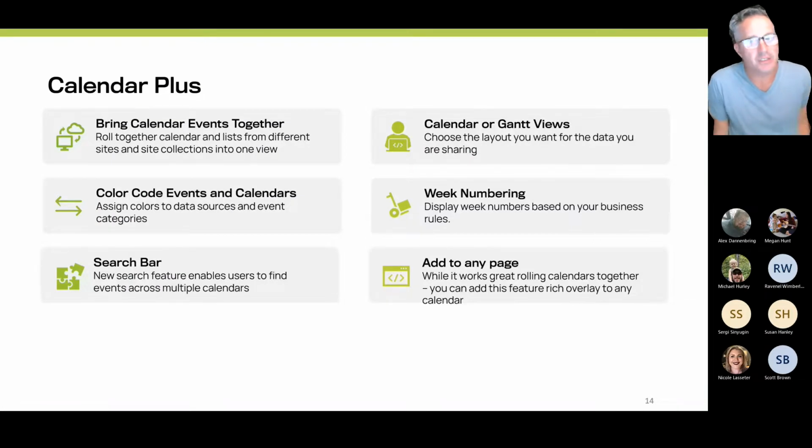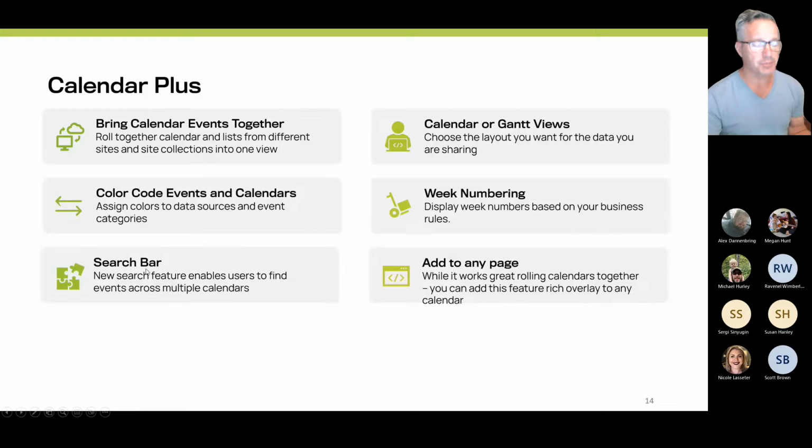What Calendar Plus does is it enhances calendar and list data that is date-based with an overlay that is much more feature-rich than SharePoint gives you out of the box. We can bring multiple calendars together into a single view, rolling them together from different sites or different site collections. You can then color code the events, and calendars become filterable within a legend, so you can turn them on or off.